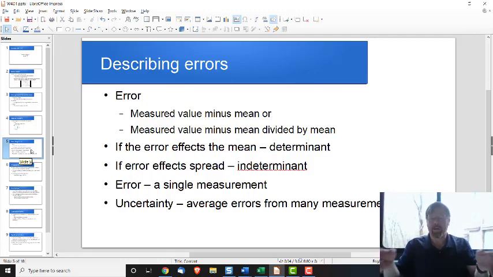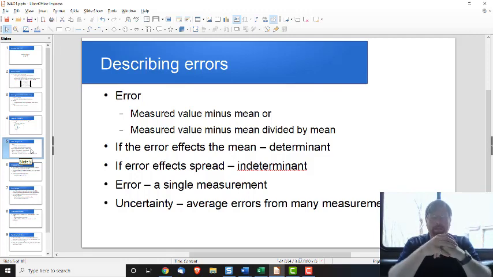If it affects how noisy our data is, it's an indeterminate error. A lot of times what you're wanting to do with method development is really affect the indeterminate error and get much more precision. It's in some ways easier to correct for something that affects the mean.